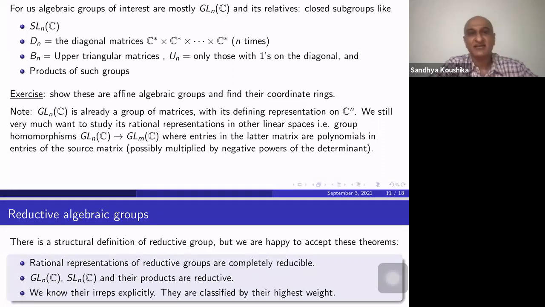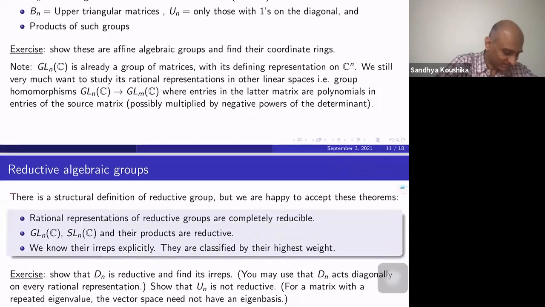There is a very nice theory. All of these are serious theorems, but they were worked out a long time ago. There is an explicit theory. We know how to construct these irreducible representations, and they are classified by their highest weight. This is something that will get discussed, so we are happy to accept these.